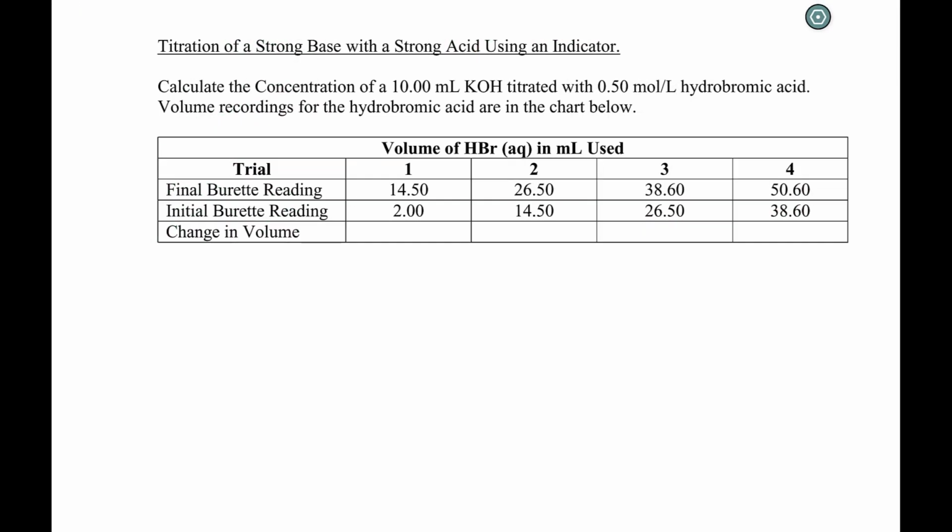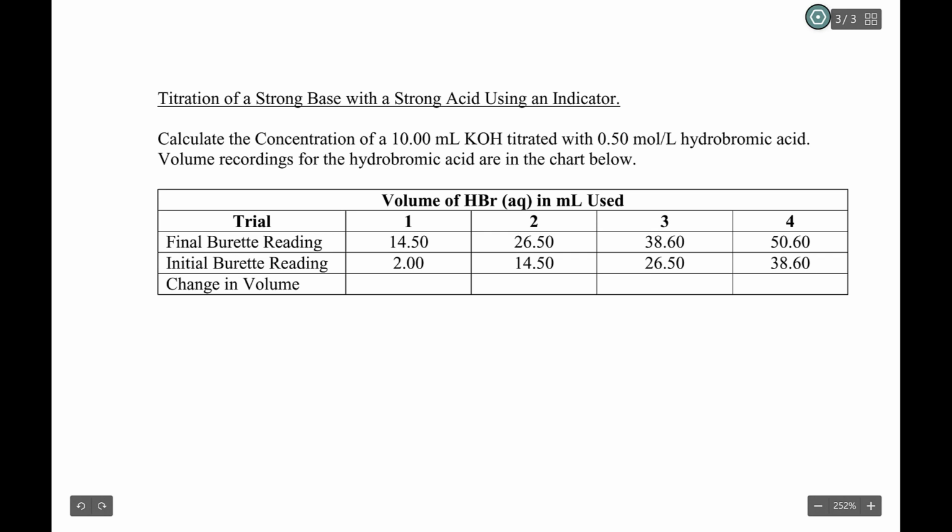So in this next question, we're just going to do the reverse. So instead of titrating a strong acid with a strong base, we're going to titrate a strong base with a strong acid. So again, when you're reading this, it says titration of a strong base. That means that this is the sample. With a strong acid, this is going to be the titrant.